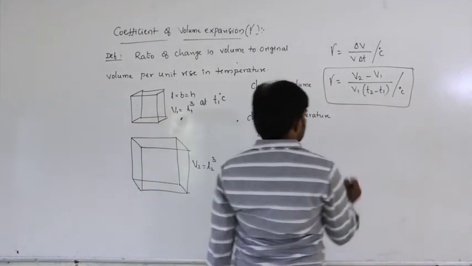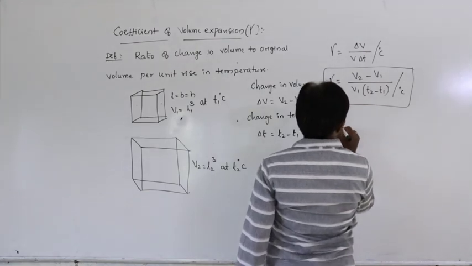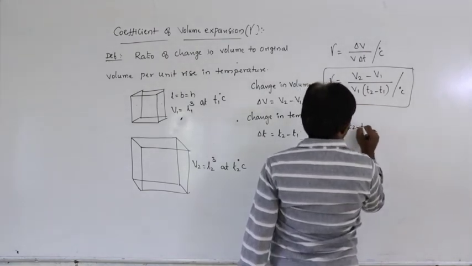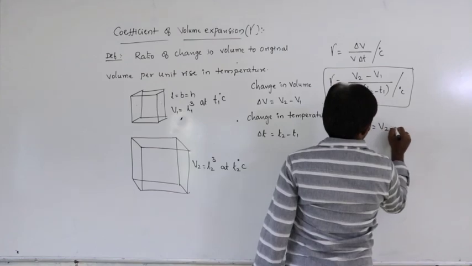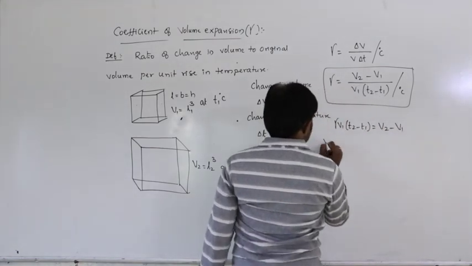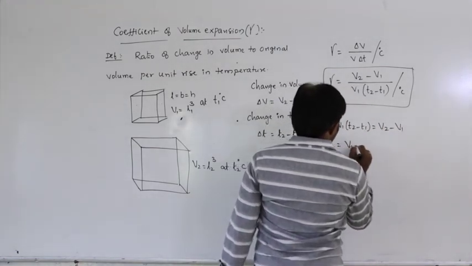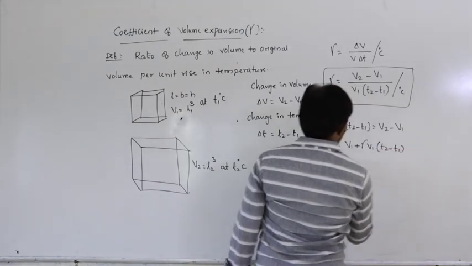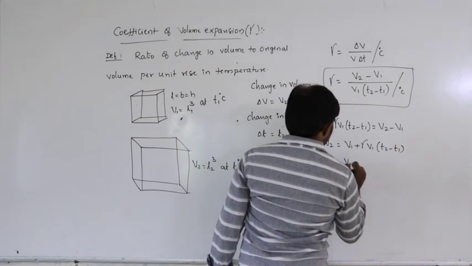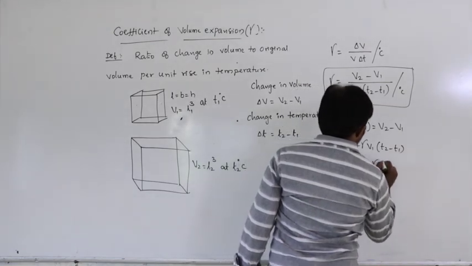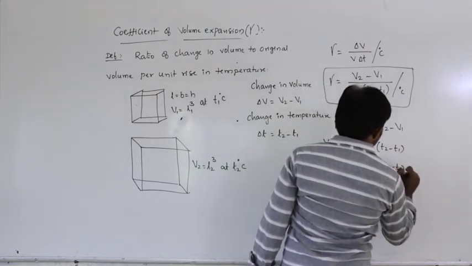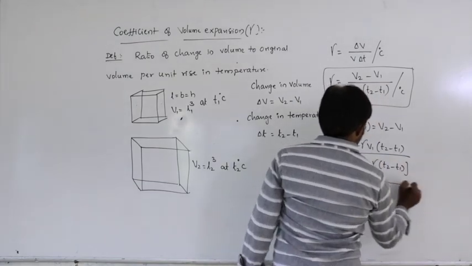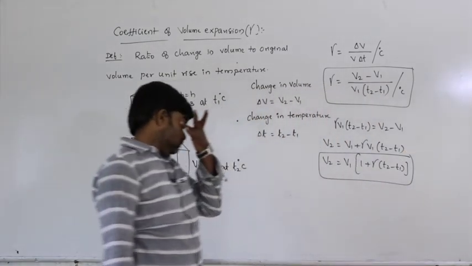So this is the coefficient of volume expansion. From this, gamma into V1 into T2 minus T1 is equal to V2 minus V1. That means V2 can be written as V1 plus gamma V1 into T2 minus T1. Then V2 is equal to V1 common, 1 plus gamma into T2 minus T1. So this is the final volume.